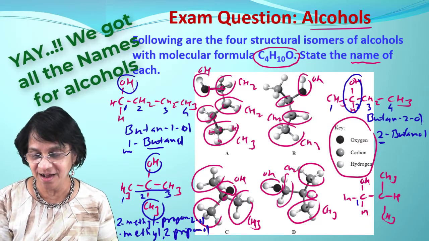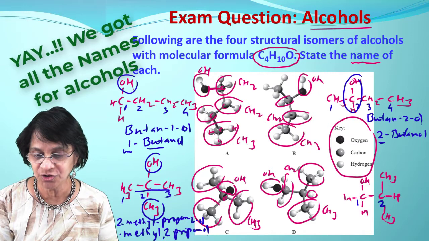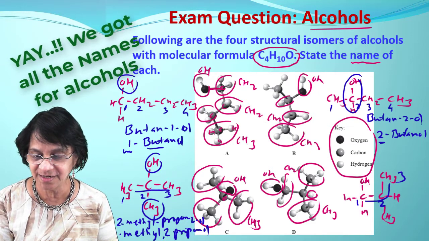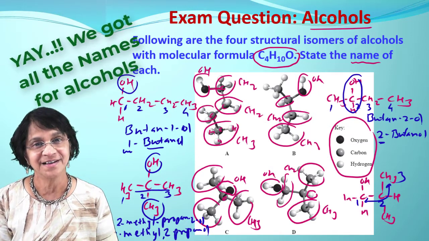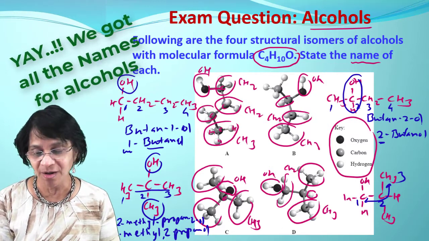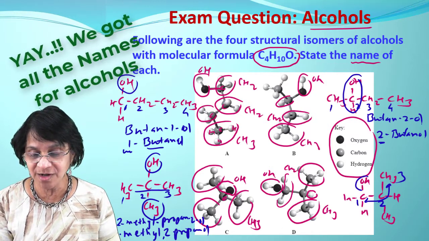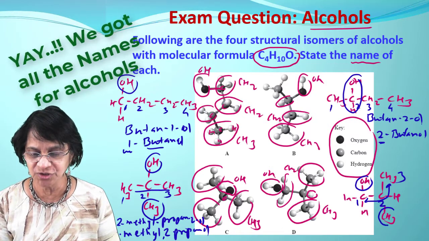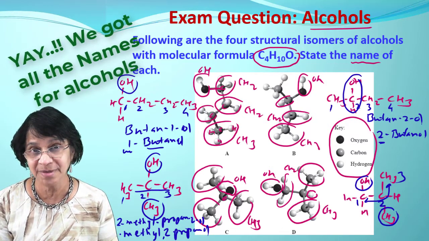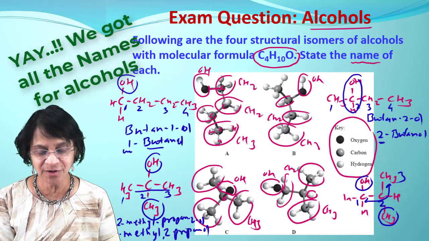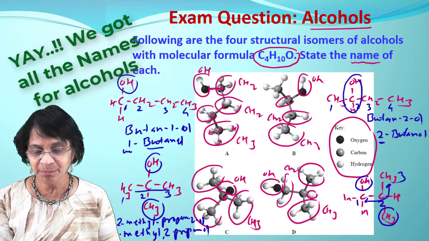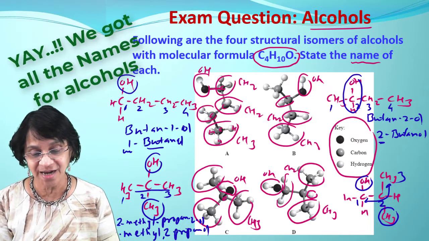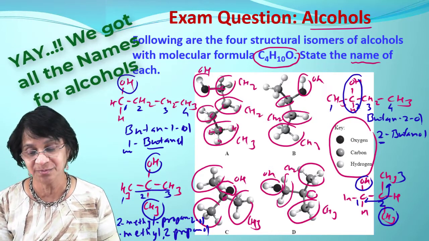And finally moving to molecule D. Again, I'm going to number it 1, 2, and this will be 3 if I go in this order. So it is still going to be propanol. At position 1, we have the OH group, and look carefully, at position 2, we have a methyl group. So this is similar to what we had at C, but the OH group is not at position 2, only at position 1.